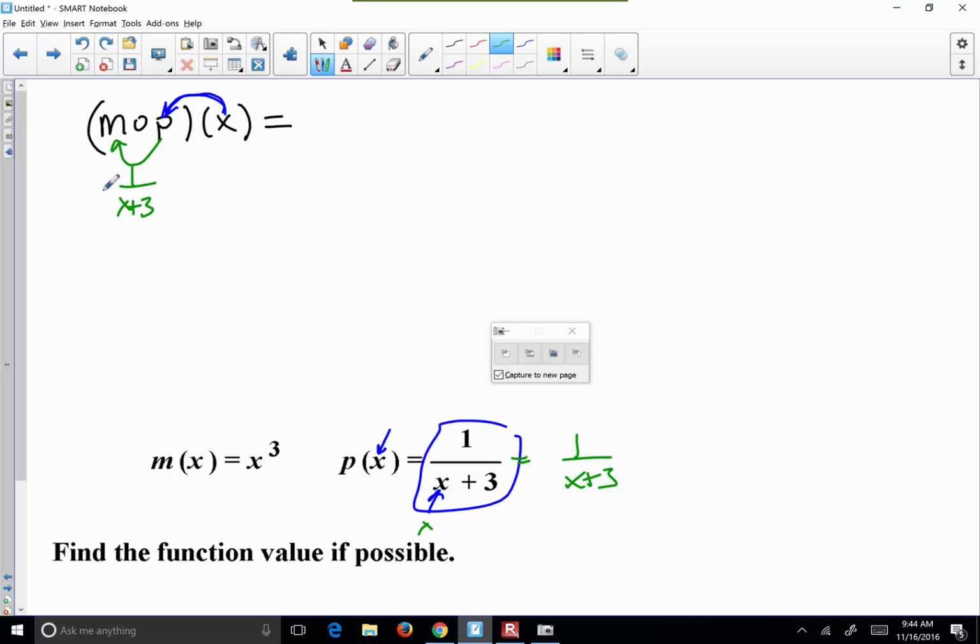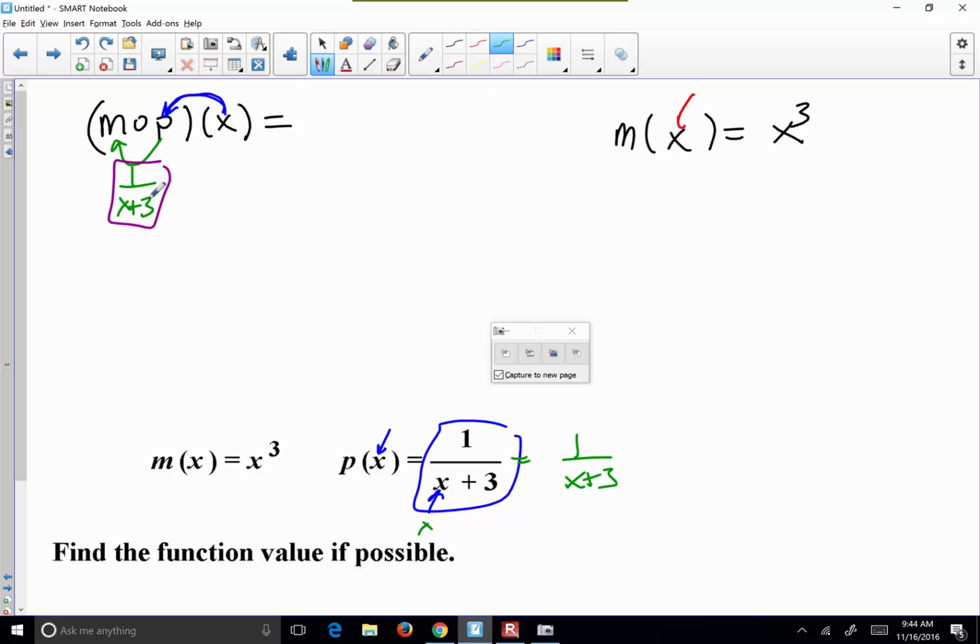Now 1 over X plus 3 is going into, this is interesting now, this is crazy. 1 over X plus 3 is gonna visit M. Okay? So what is the formula of M? I'm gonna take M here. If a single X visits M, it turns into X cubed. But who's visiting M now?